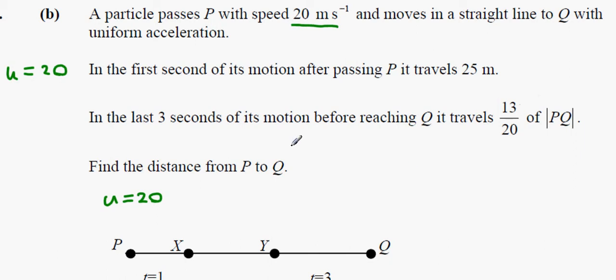Now in this last 3 seconds of its motion, let's pick a generic point Y. So this point Y here, and this distance here, in the last 3 seconds of its motion, it travels 13/20ths of PQ.